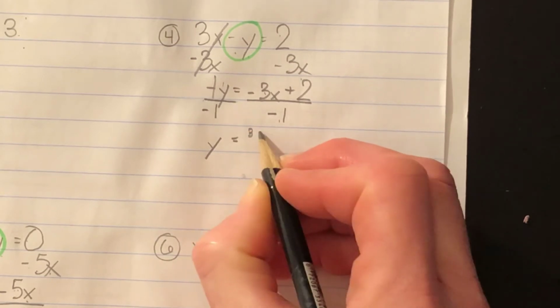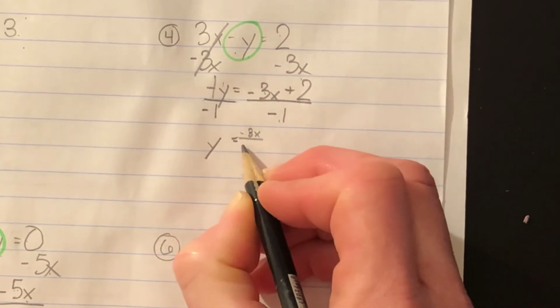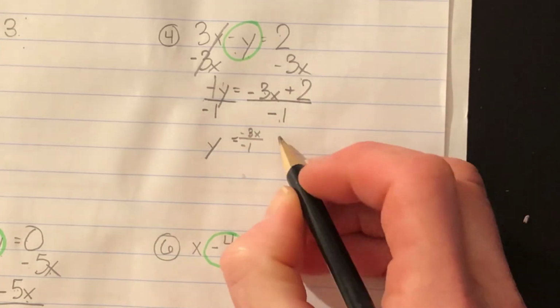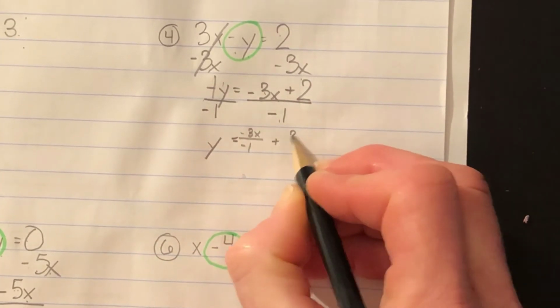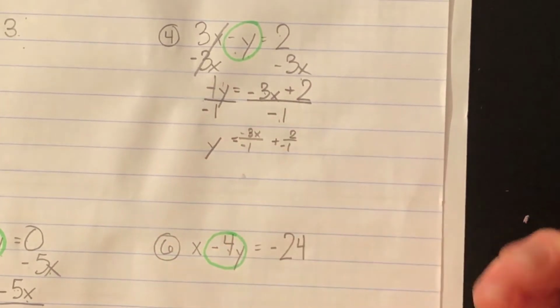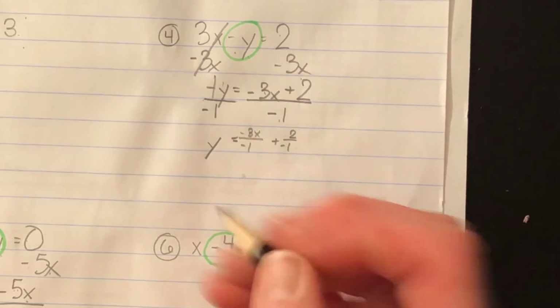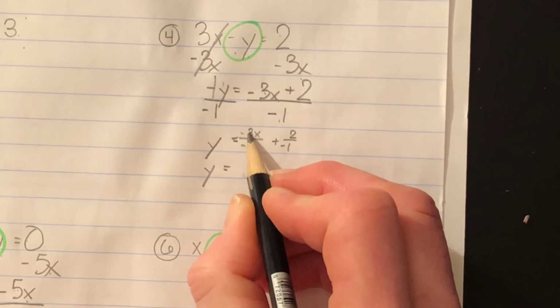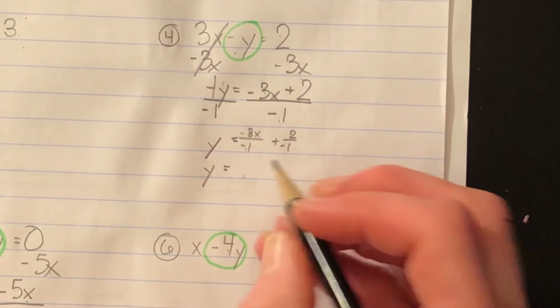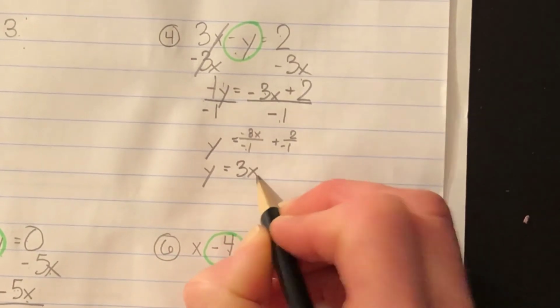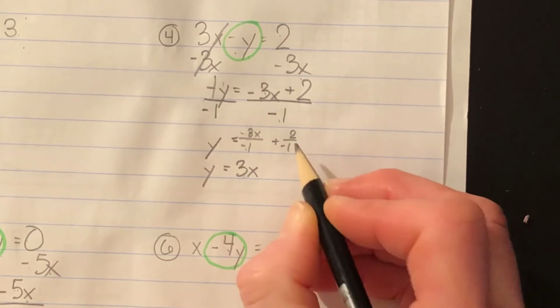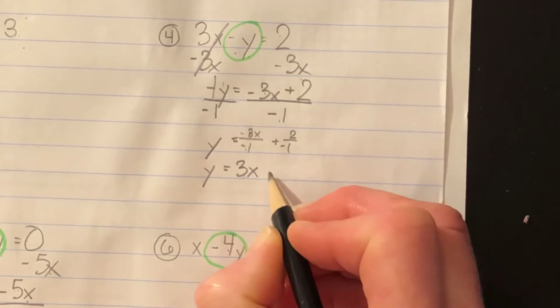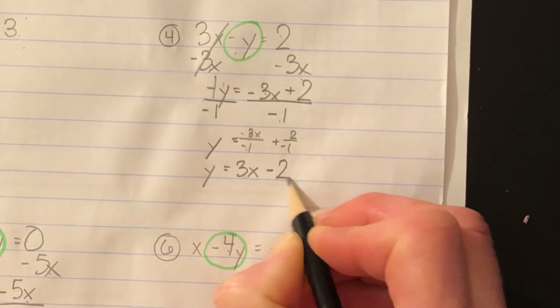I'll just write it like this. Plus 2 over -1. And then to simplify that, -3x divided by -1 is positive 3x. 2 divided by -1 is -2.